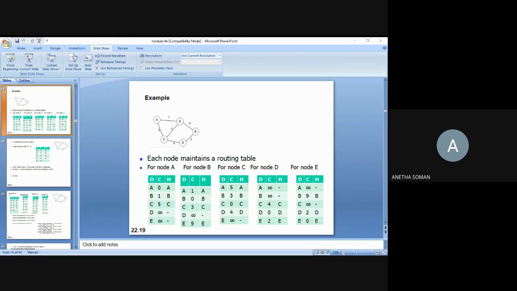Right? And the last one, Vaishnav can answer. A10B, B9B, C6D, D2D, E0E. Is it correct? Every others? Yes, miss.